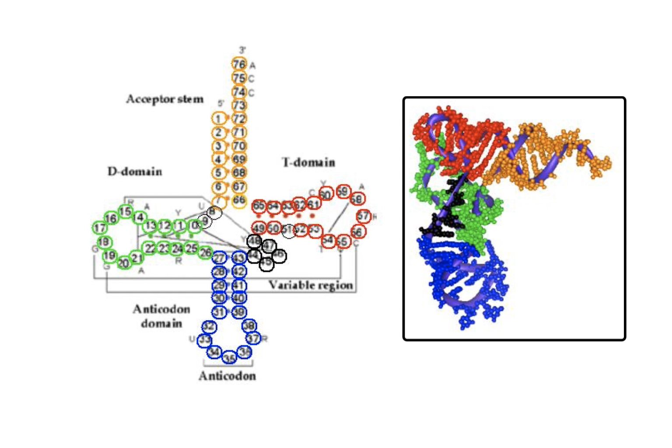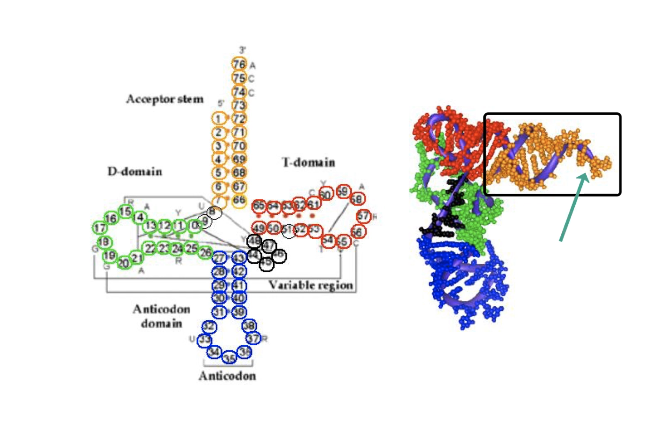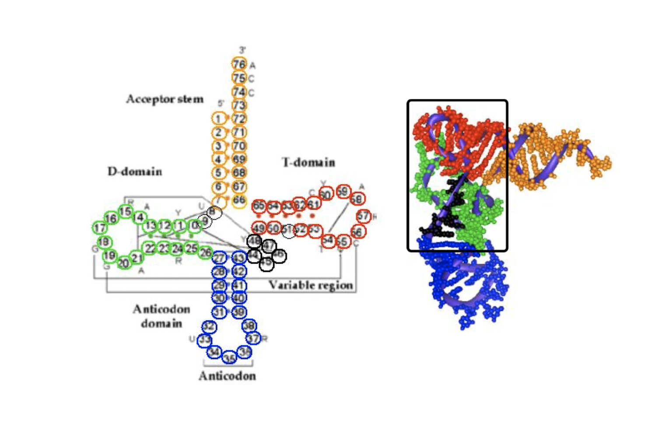So there's the acceptor arm here with the CCA tail sticking out, and then the D and T domains are interacting, brought together, so that they can push out the anticodon in the correct conformation so that it will attach in the ribosome to the codon of the mRNA.